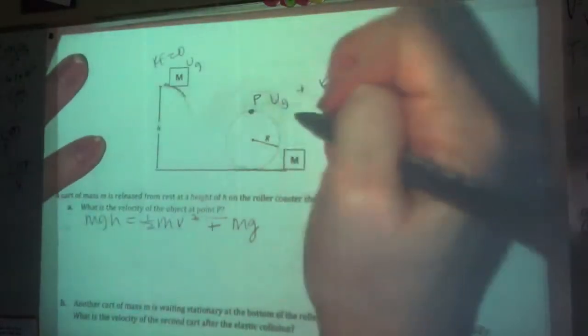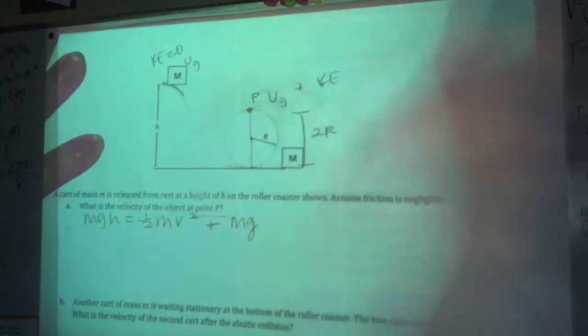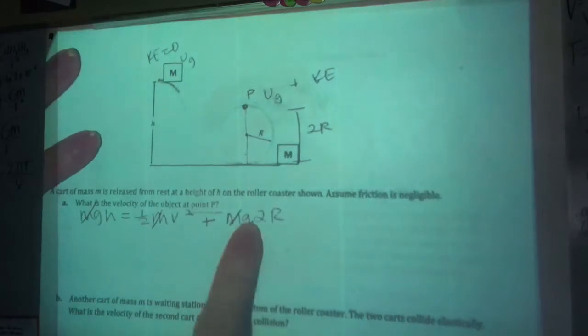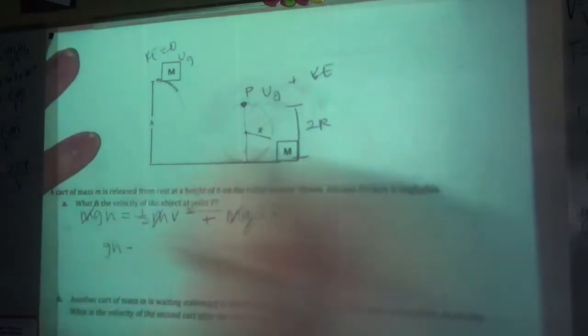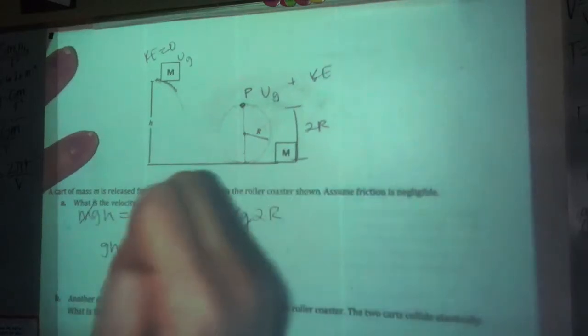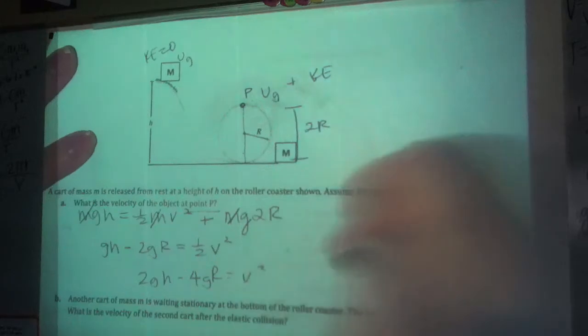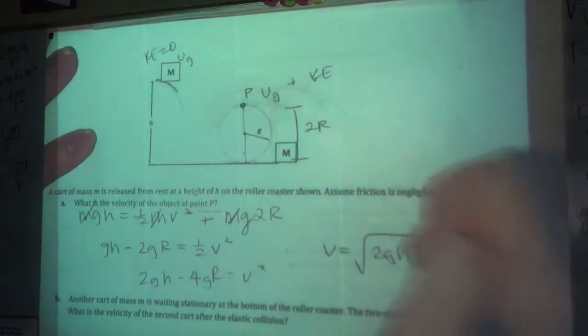My height is 2 radiuses because the full diameter makes up 2 radiuses, so 2r. The m's cancel out. I can subtract this over. So you have gh minus 2gr equals 1/2 v squared. Multiply everything by 2 to get v squared, and then v is the square root of 2gh minus 4gr.